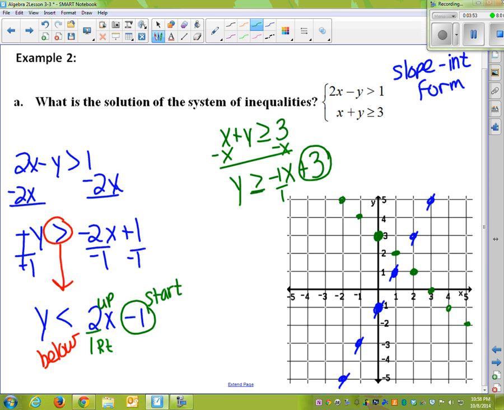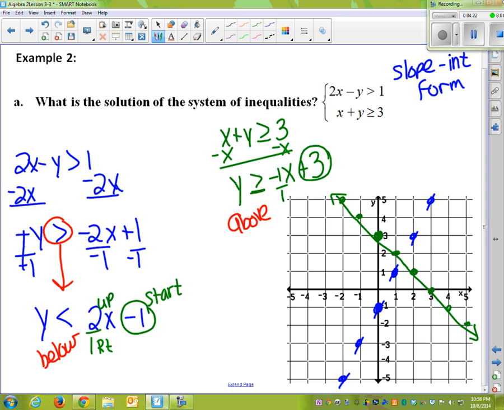This one is a solid line because it's equal to. So I'm going to try to draw that in. And this one is greater than. It opens up to the y, which means y is the biggest number, and I'm going to shade above. So I find it easier to graph these using different colors.